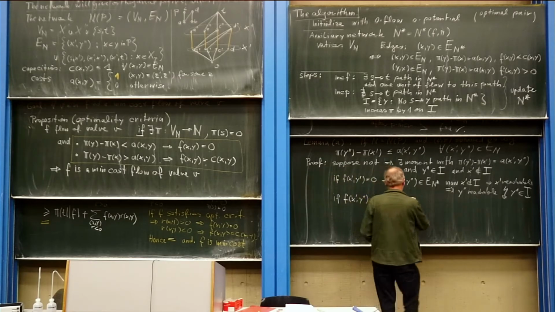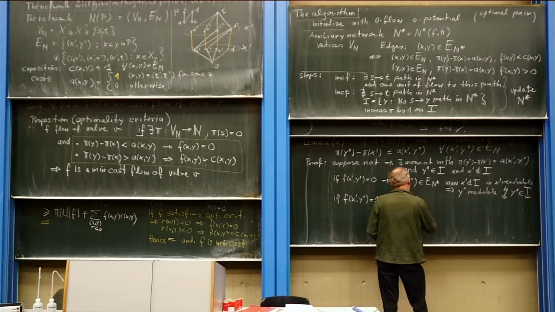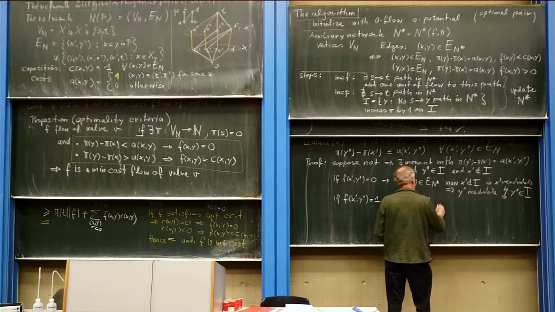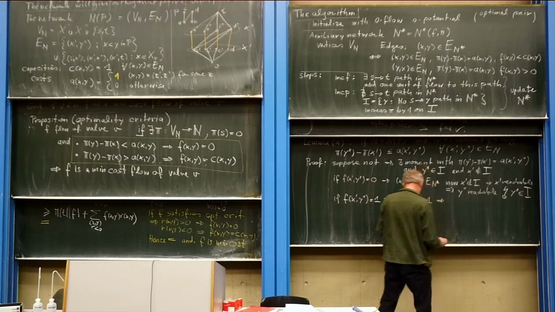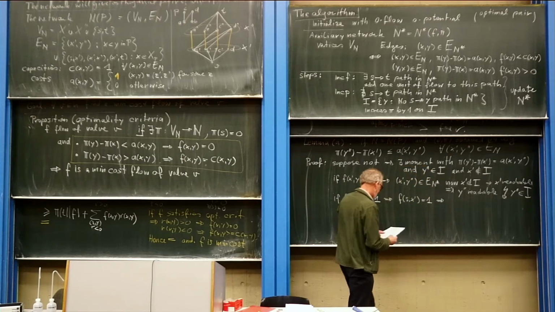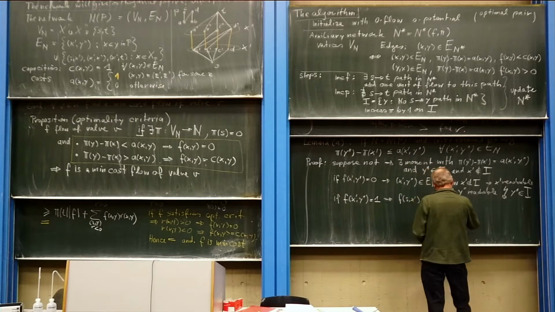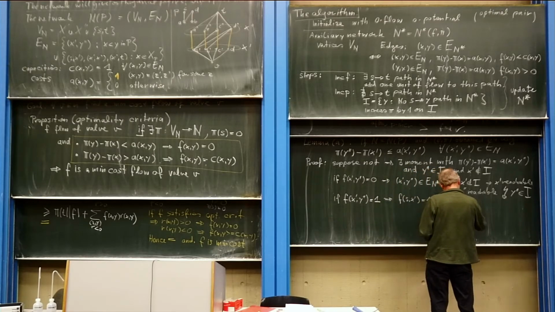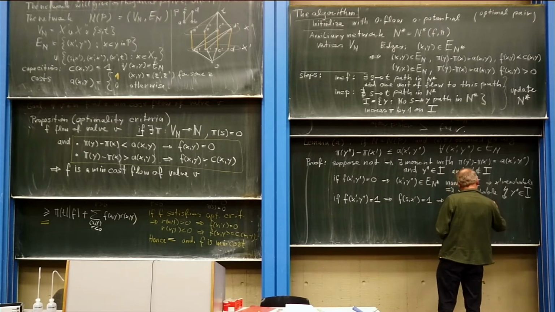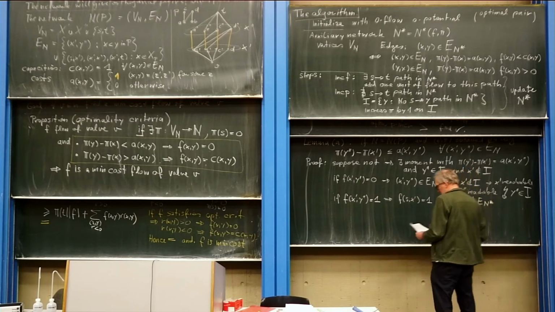So f of S x prime is equal to 1, and then we see that S x prime is not an edge of the auxiliary network.